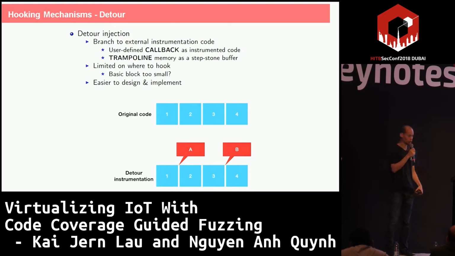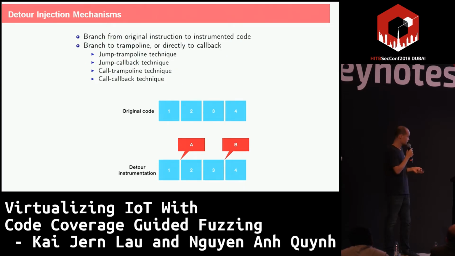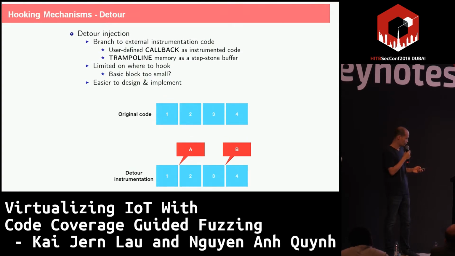The idea is that we do not put our instrumentation code in line with the original code, but we override some code in the original code, and we jump out to our callback, which is the instrumentation code. After 1, we jump out to another place and execute our callback. 2 is still in the same place, and 3 is still in the same place.